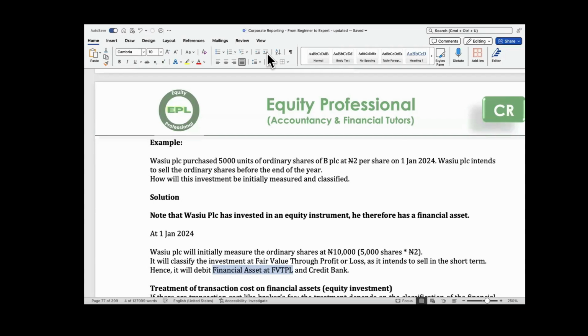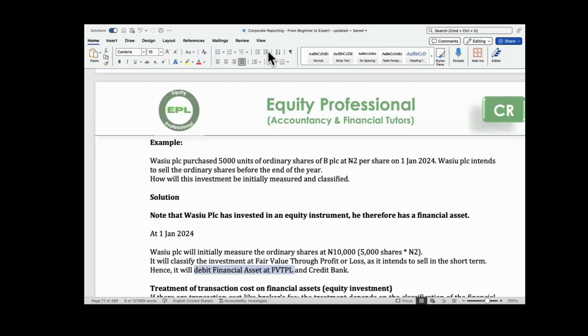Okay, Mr. Wasiu, what will be the accounting entry if we are measuring for fair value through P&L? Yeah, so like we have here, you're going to debit.